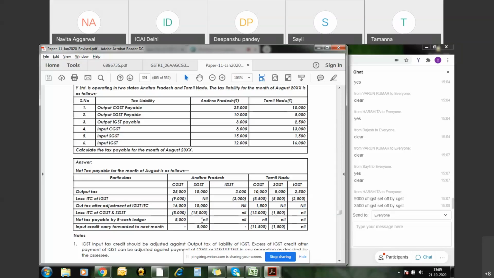So in this scenario, under Tamil Nadu, no liability is paid in cash, as no liability is left over. Entire liability is settled off by utilizing the ITC, and still after utilizing, there is certain ITC left over, which is carried forward to the next return period, and this CGST will be utilized against IGST or CGST, and SGST will be utilized against IGST or SGST.